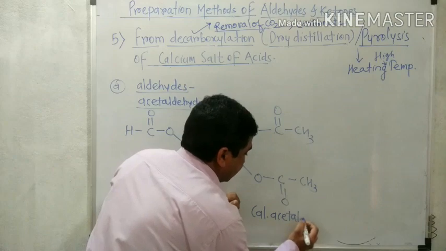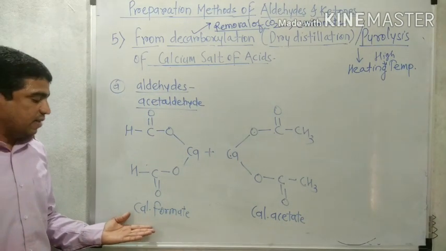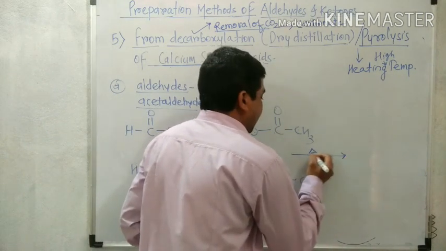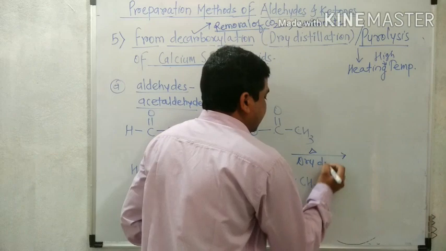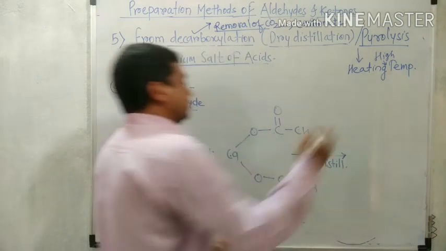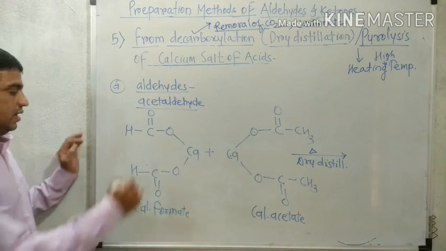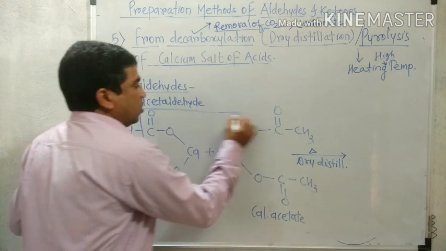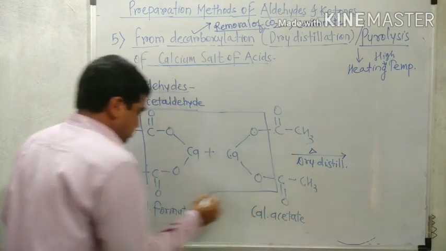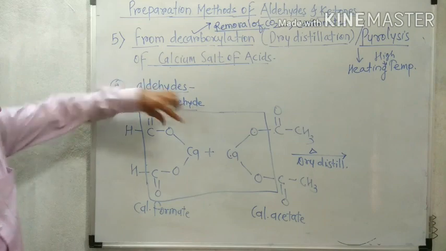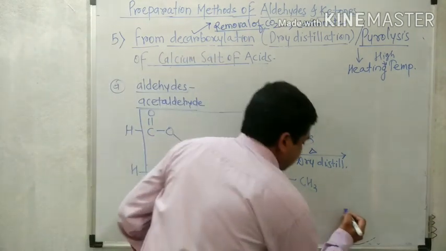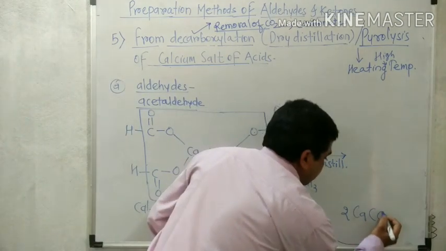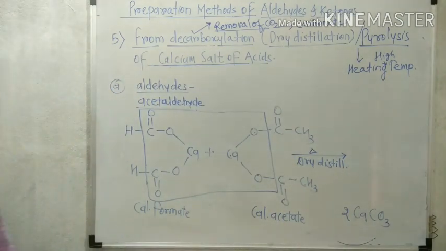It means that an equal mixture of calcium formate and calcium acetate, when heated at high temperature in dry distillation, follows a similar general reaction. Here, this is the byproduct of the process, that is twice Ca and twice CO3, that is 2 molecules of calcium carbonate.